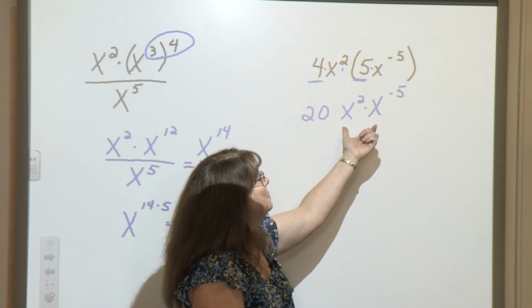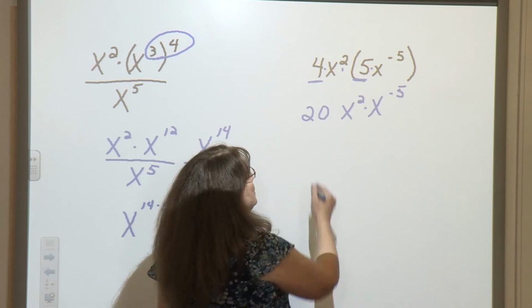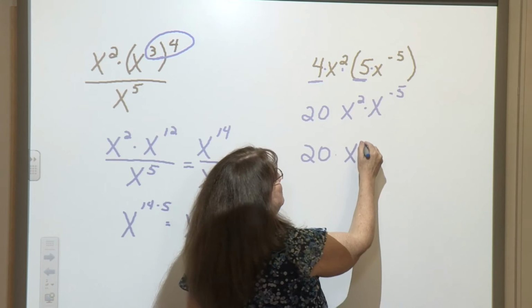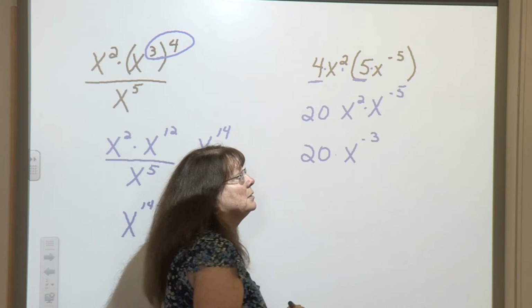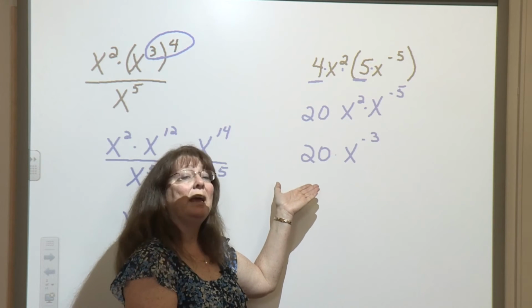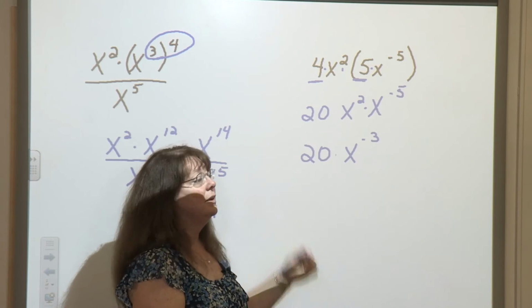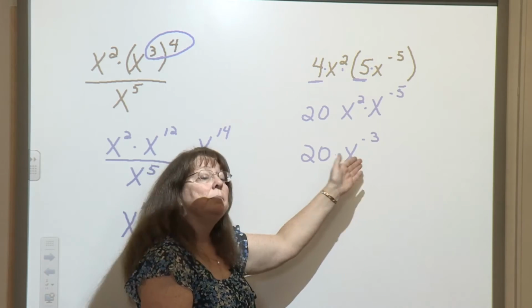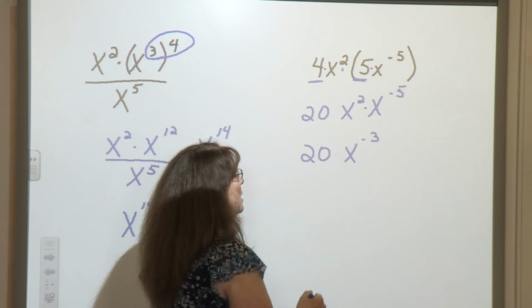When the bases are multiplied, we add the exponents. So I have 2 plus negative 5, and it will give me x to the negative 3 power. Often you're not going to see them leave anything with a negative exponent. That's why they have the negative exponent rule. Since this is an x with a negative 3, that means to make it positive, I want to put it in the denominator.